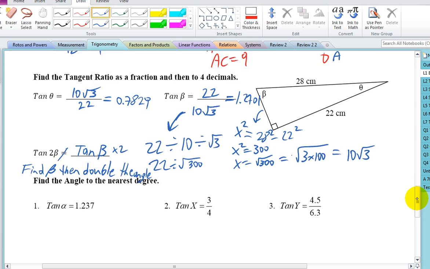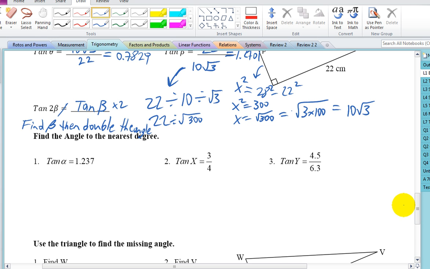All right. Let's start finding the angles. So for this one, tan alpha equals 1.237. So we say alpha equals. Now what happens when you move tan to the other side? What do you have to do? Yeah, you have to reverse it, do the opposite. So we call it arctan. But because of calculators, we've kind of changed the name to inverse tan.